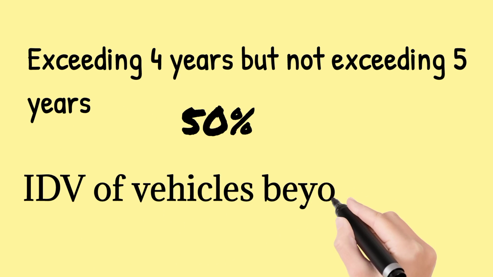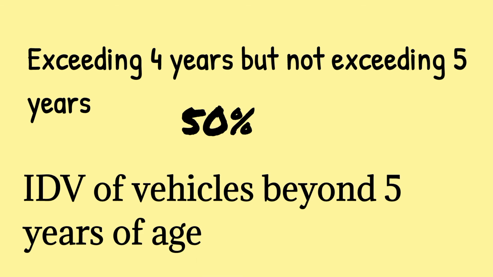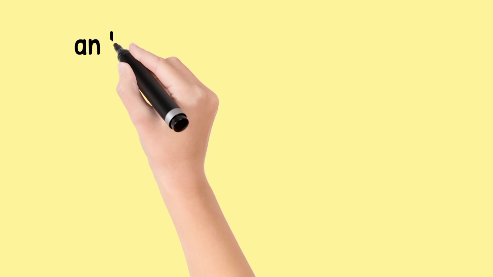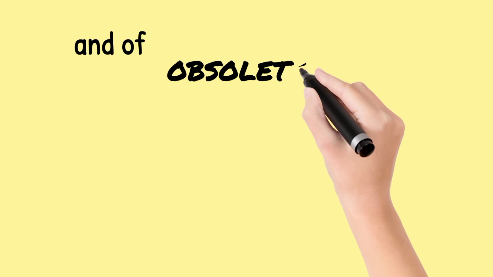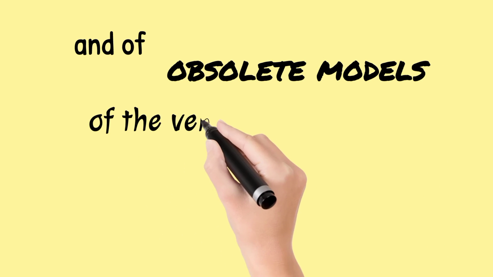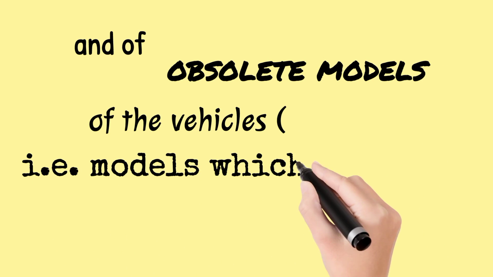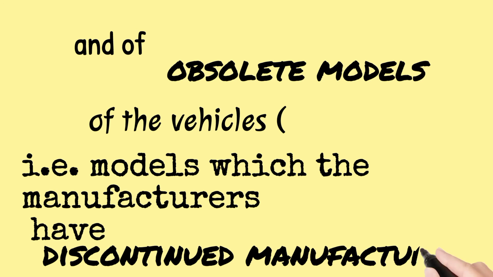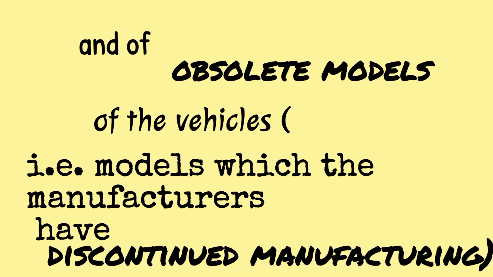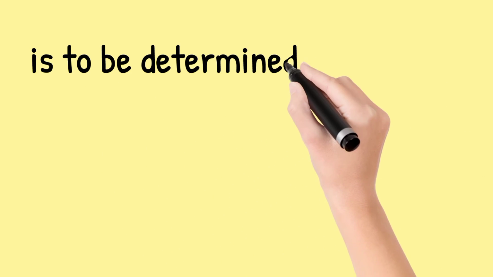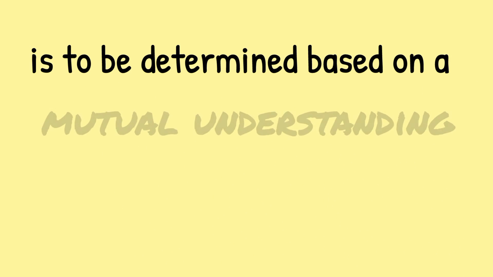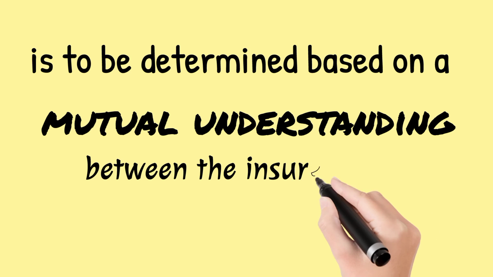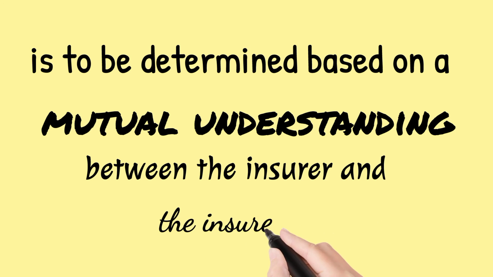IDV of the vehicle beyond 5 years of age and of obsolete models of the vehicles, that is models which the manufacturers have discontinued manufacturing, is to be determined based on the mutual understanding between the insurer and the insured.